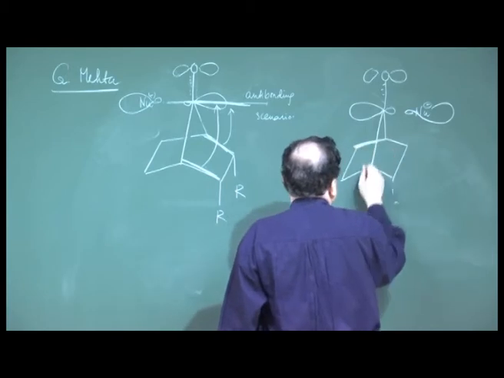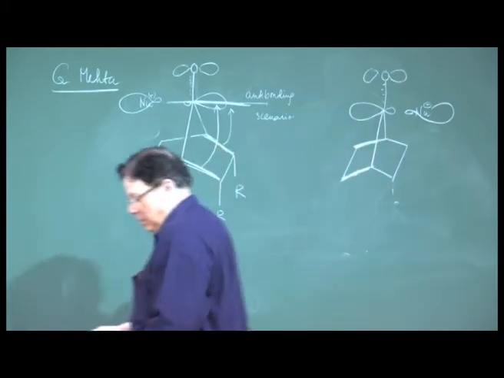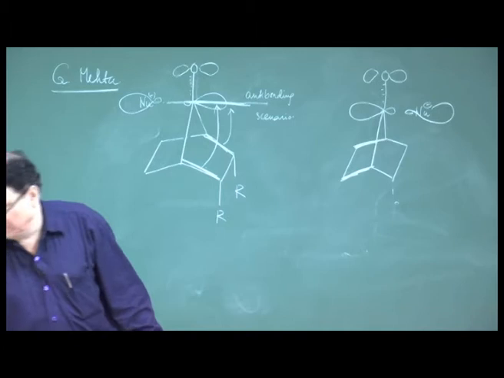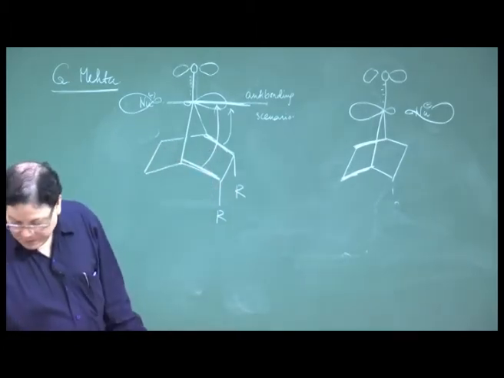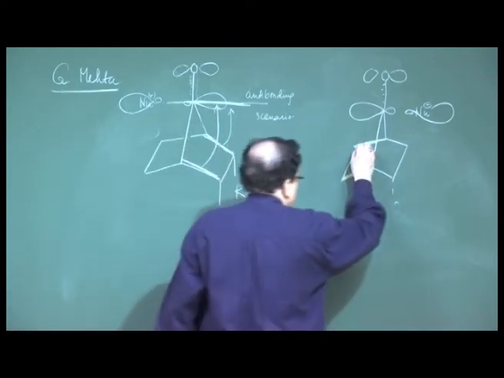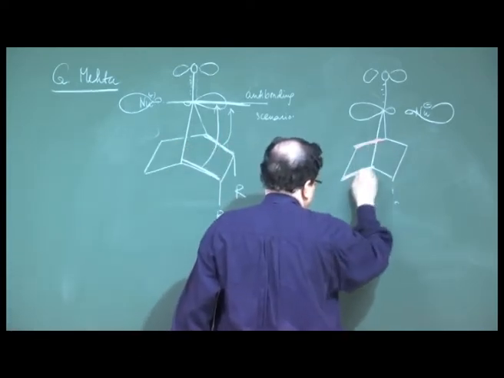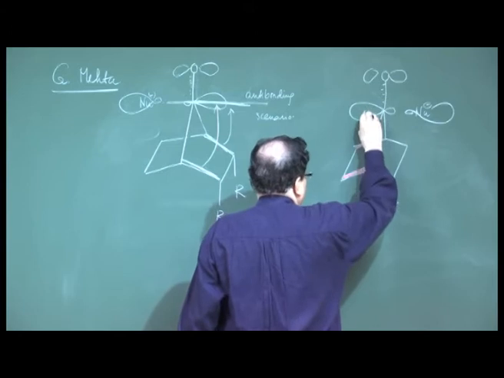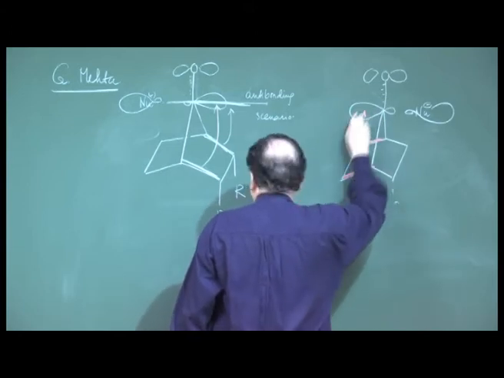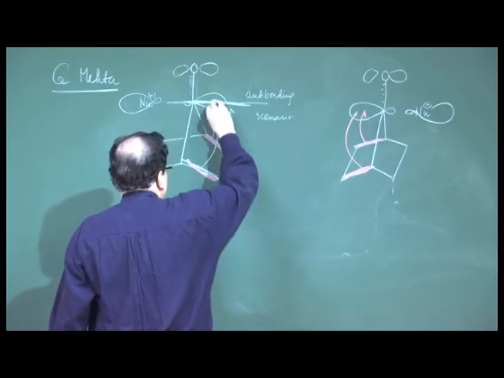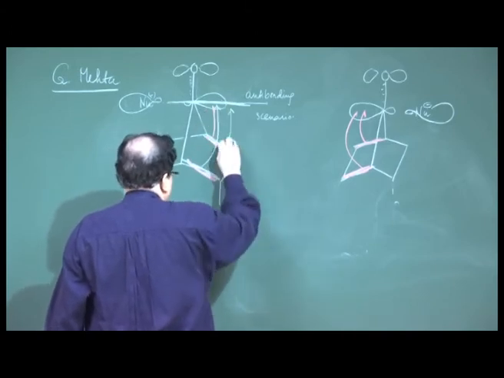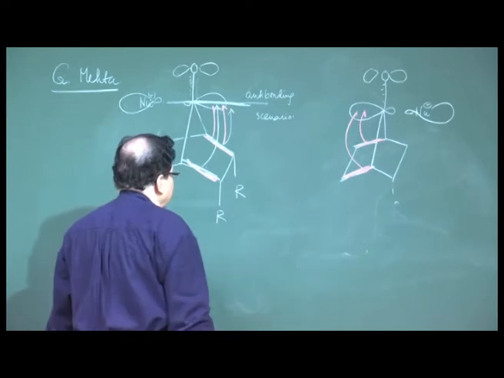Now these are the bonds which are going to interact with this empty orbital. Earlier, these were the bonds which were going to interact with this. Okay. So the question is, which interaction?